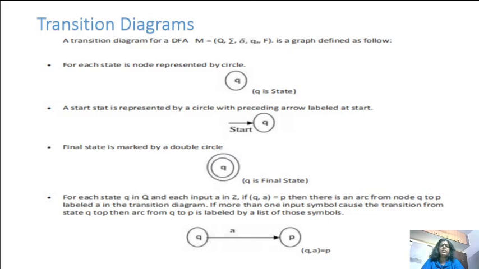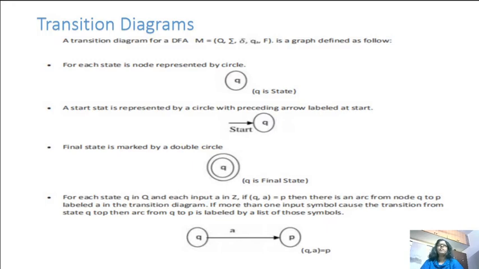The start state is represented by a circle with an arrow mark, always with an arrow mark. The final state is always a double circle. So the transition diagram contains the start state and the end state.